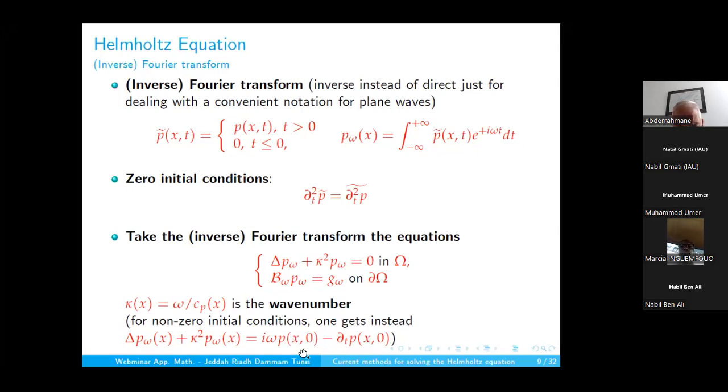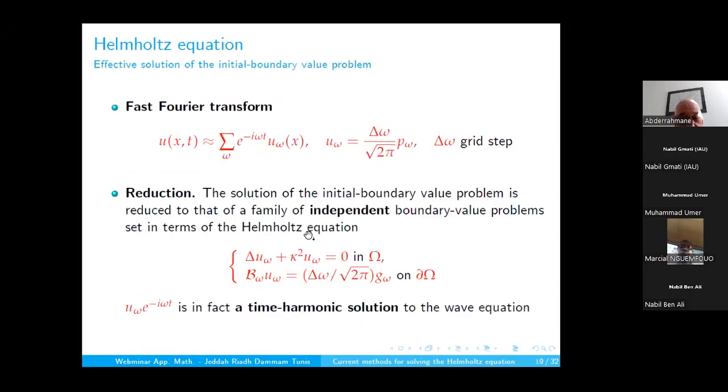Perhaps this writing is not completely correct, but I will correct it in the final version. And so doing an inverse fast Fourier transform from the solution of the Helmholtz equation for the selected omega, you can reconstitute the solution.